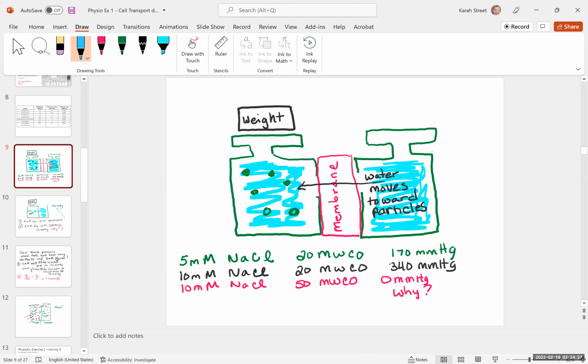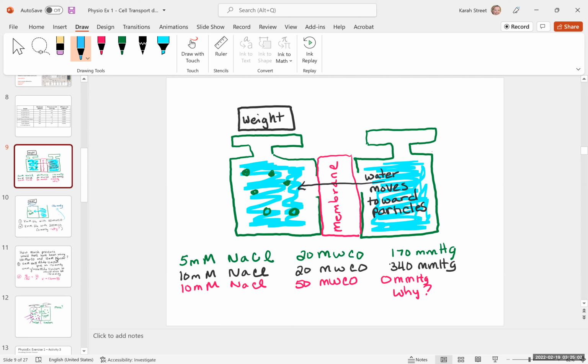Our first experiment, like I said, we played with 5 millimolar sodium chloride with a molecular weight cutoff of 20. Please remember from activity 1, we know sodium chloride is much larger than a 20 molecular weight cutoff membrane. Water shifted from the right chamber towards that sodium chloride chamber.